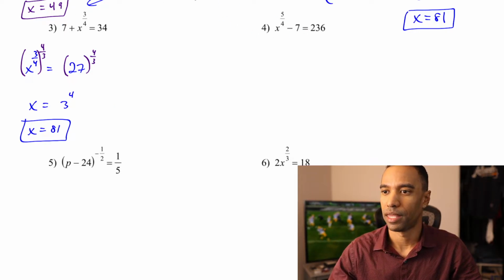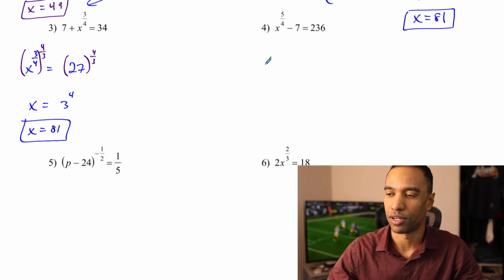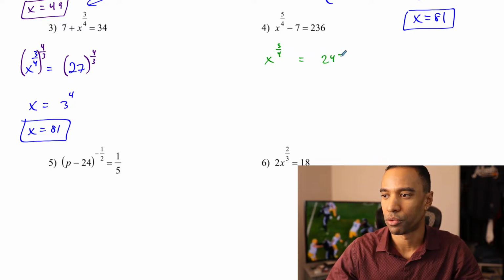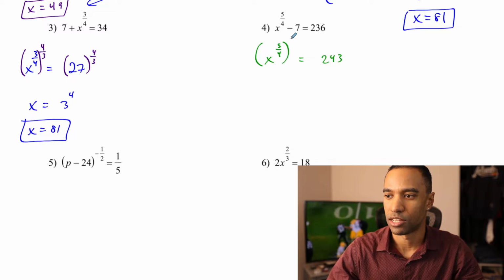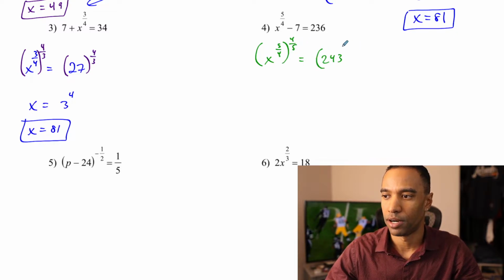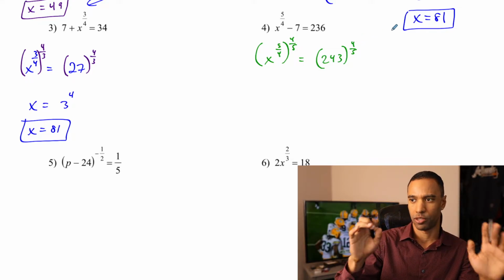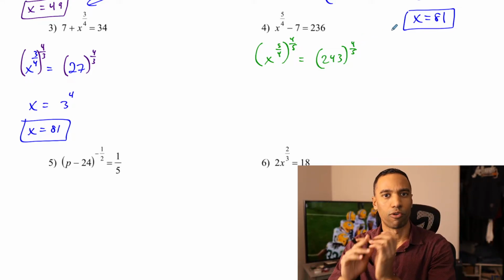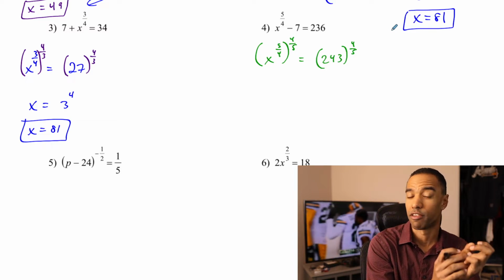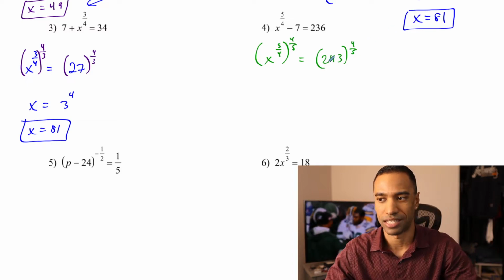You're set. Number 4, here, let's add 7 over, and we have x to the 5/4 equals 243. And now we get to raise that to the 4/5 power, and this to the 4/5 power. Again, my students will have what's called a power table. Basically, they're trying to find out something to the 4th power is 243, or to the 5th power is 243. What is that value? Because I have to take the 5th root of that.